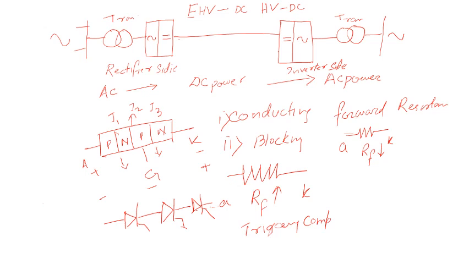Then it has its own protection circuit. Protection is done using a snubber circuit, right? And it has the voltage gradient.